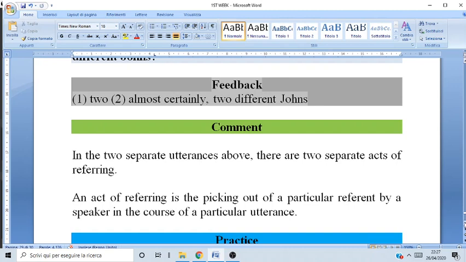For the second case, we're referring to another John. So when we're doing an act of reference, we are picking out a particular referent in the course of a particular utterance. Okay, so even if the name is John, there are two different referents.